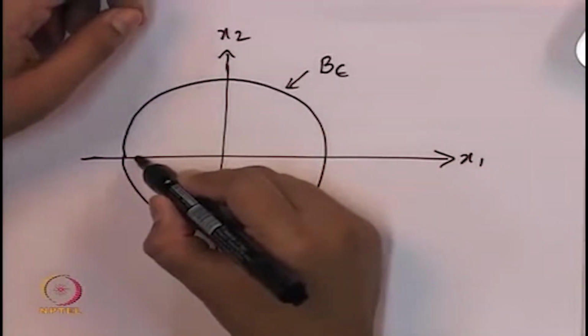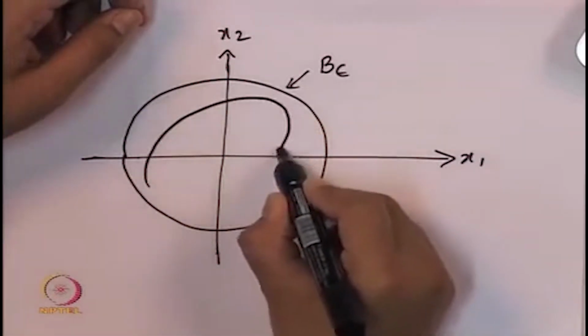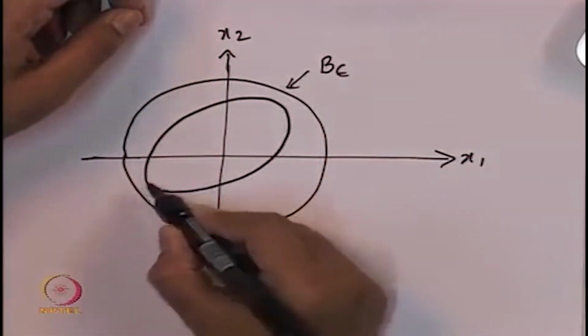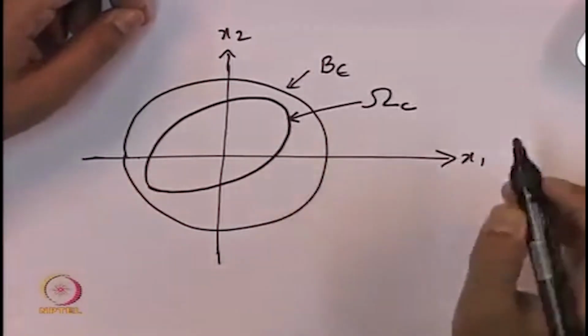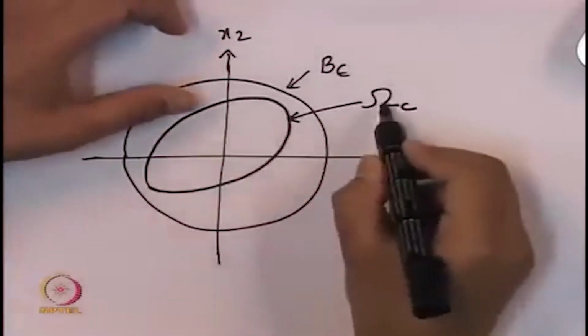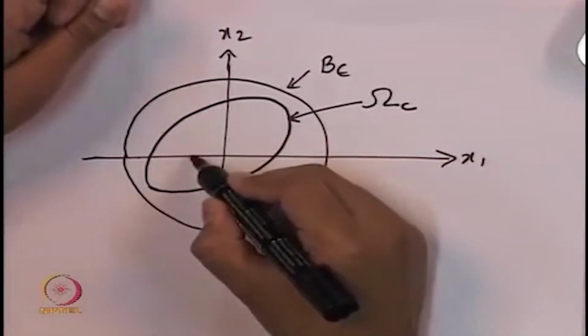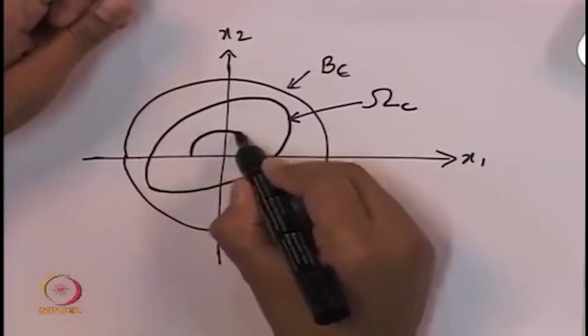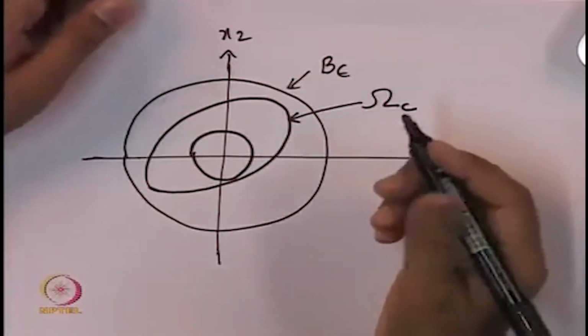Inside this B epsilon ball, we have constructed this omega beta set. Right now this omega beta we are going to denote as omega c, and the omega c set, as I said, need not be a ball, it might be a more general set, but this omega c set does not come too close to the origin.